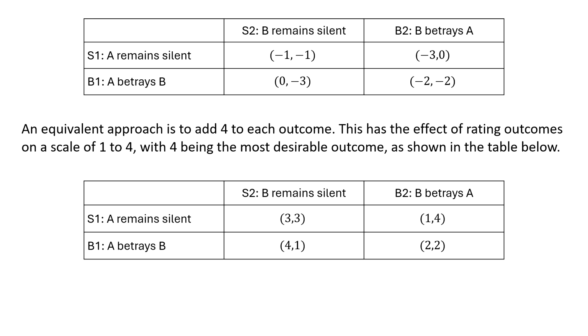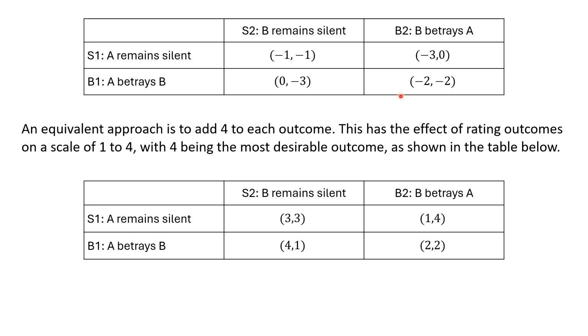Here's a variation of our matrix. Sometimes you want to just have positive numbers, and you can do this by just adding the same number to all the different outcomes. So I did this by adding 4 to everything, and you can see you get 3, 3, 1, 4, 4, 1, and 2, 2. So that's just a variation on how you would represent the situation.